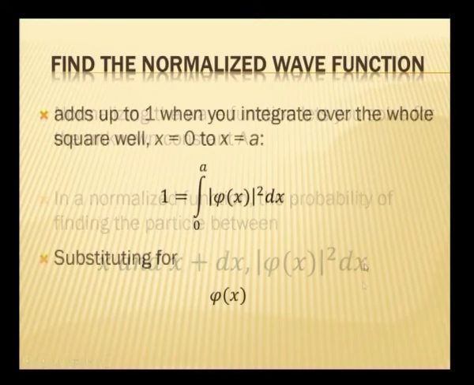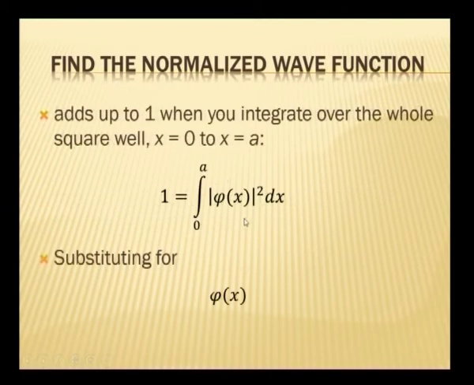You take the square of the wave function, multiply it by dx, then integrate between 0 to a. That means you are talking about a square well or a rectangular well or a box. In a box of length a, you have the particle. So, the probability of finding the particle, the integrated value, should be equal to 1.